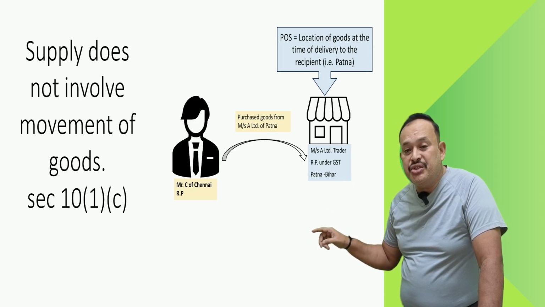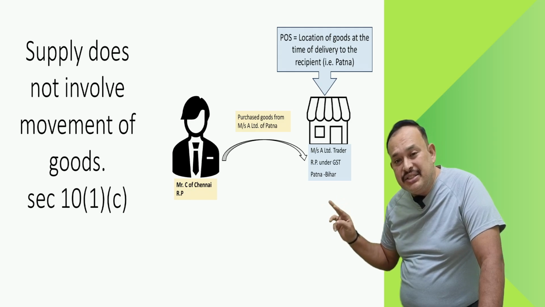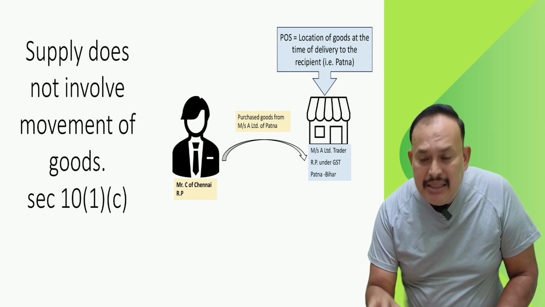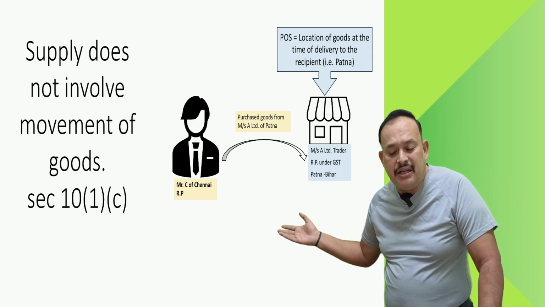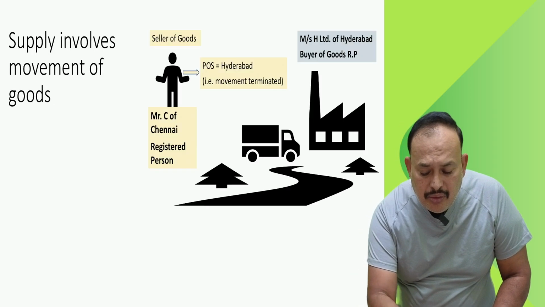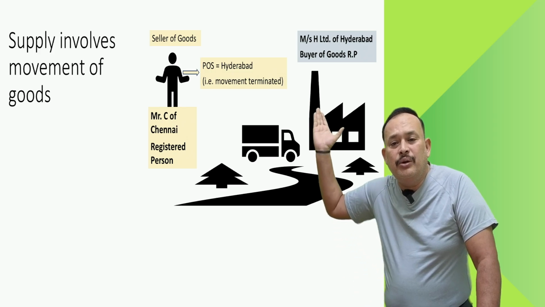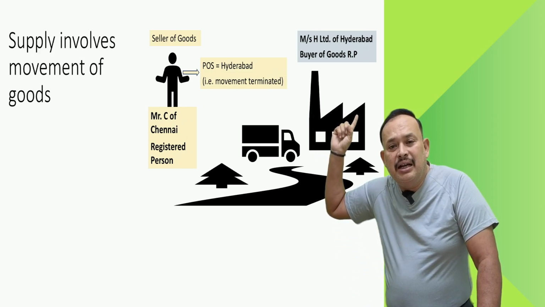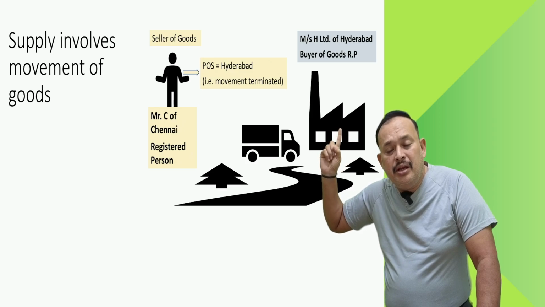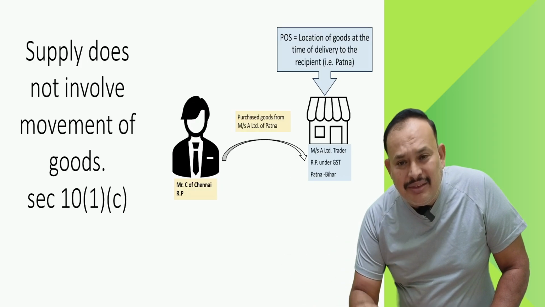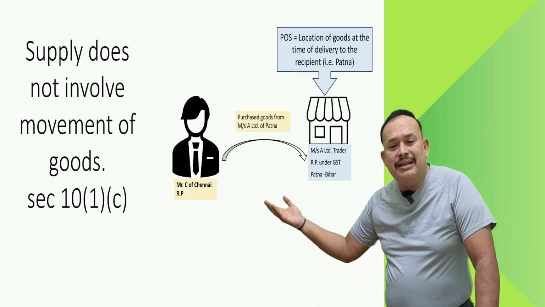That means in both the cases, the buyer, who is the buyer? Mr. C of Chennai. In the first case, 10(1) A, who is the buyer? Hyderabad fellow, a registered person. So under 10(1) A, buyer is a registered person. 10(1) C, buyer is a registered person.